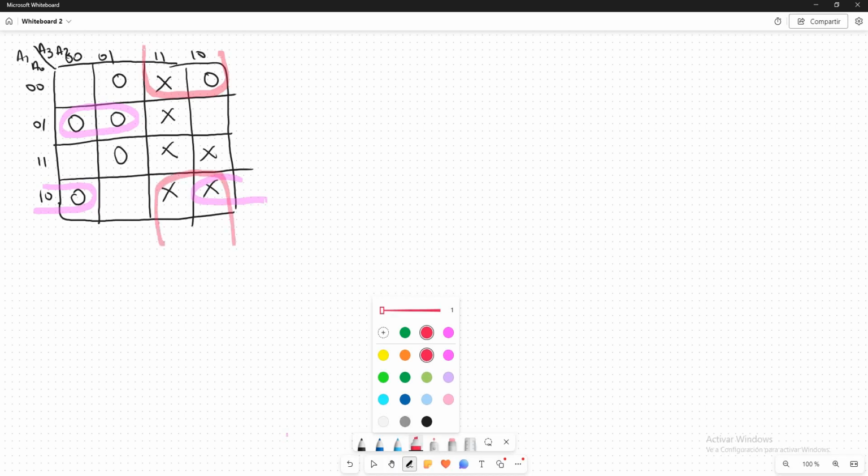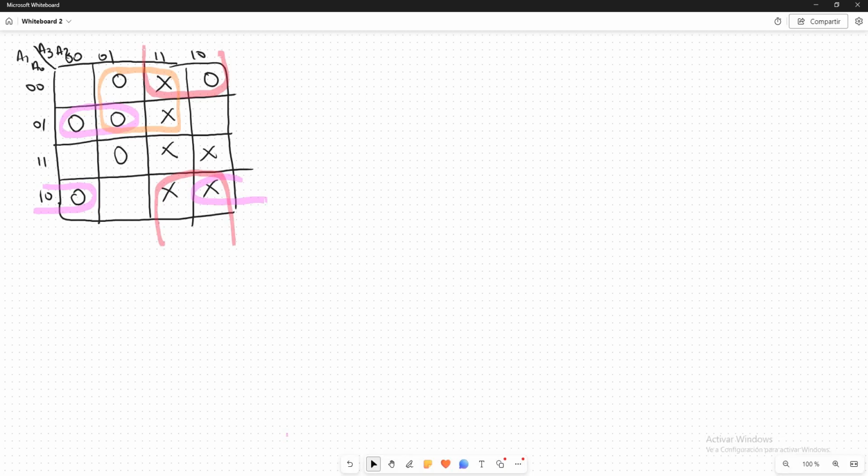To cover the 0 as before, we can do this using the X. And to cover the remaining 0, we can again use a 4-cell group. So now we have found the largest possible prime implicates using the X.